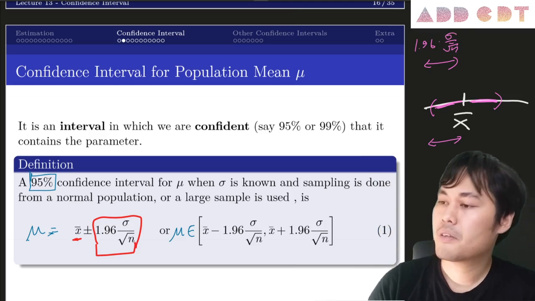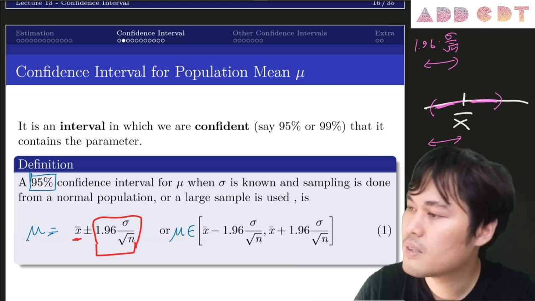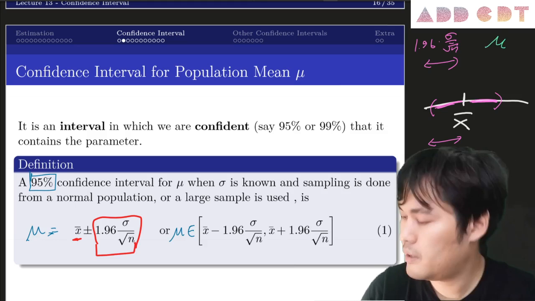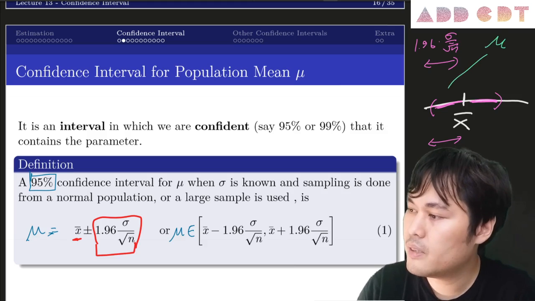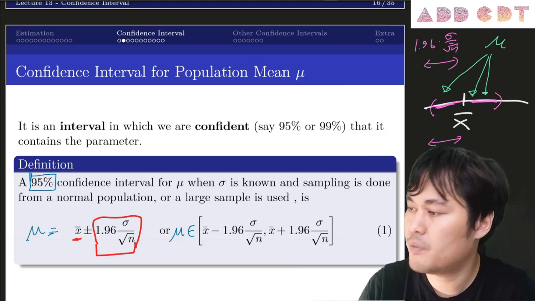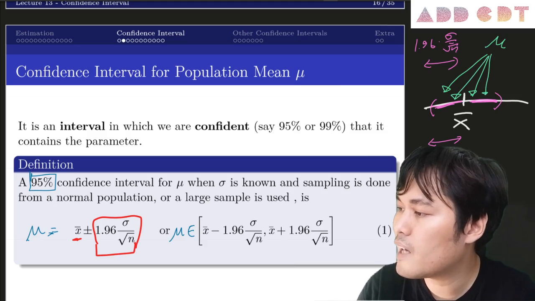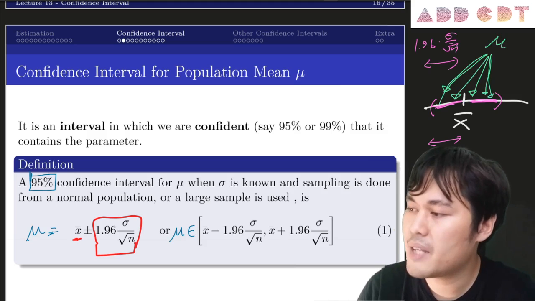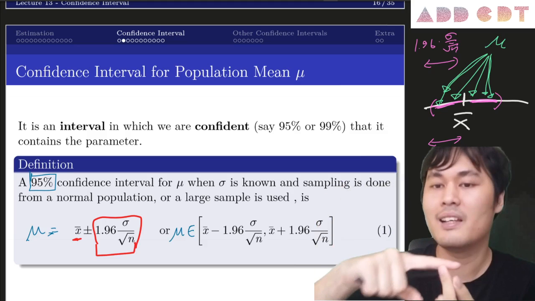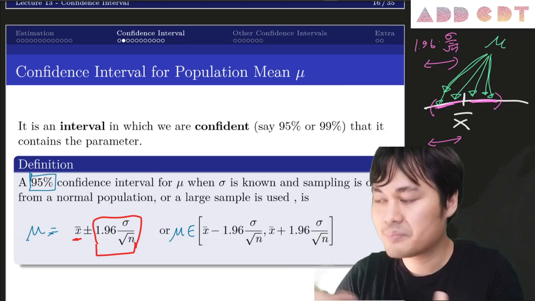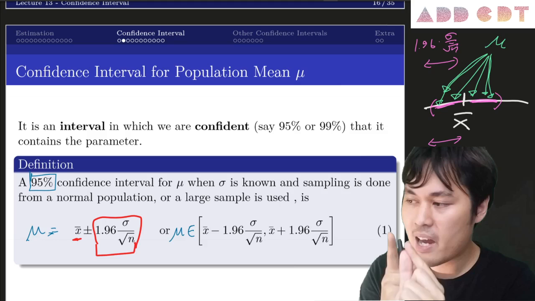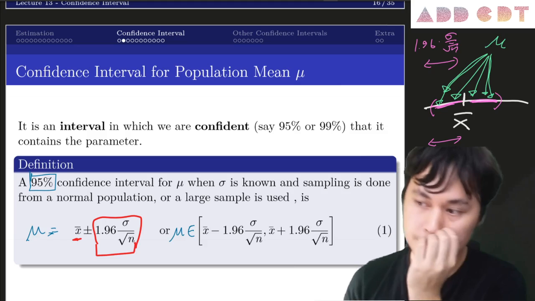So what we are saying is that we believe the actual mean, the actual mu, is somewhere inside this interval. We don't know where exactly, of course we can't, but we are pretty sure it lies inside this interval. It may be exactly x bar, if we are very lucky. It may be x bar plus some amount. It might be x bar minus some amount.